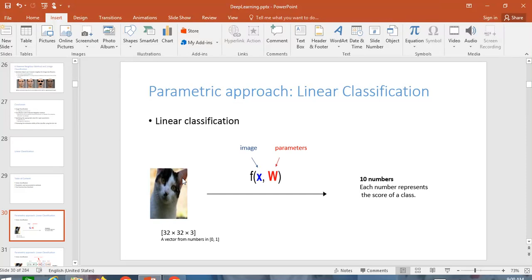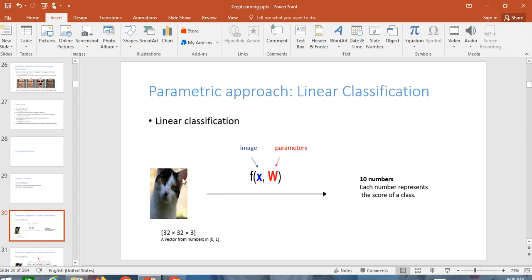For example, with what score does each image belong to class 1, or with what score does it belong to class 2, and so on. Now you look at which is the maximum among these 10 numbers.